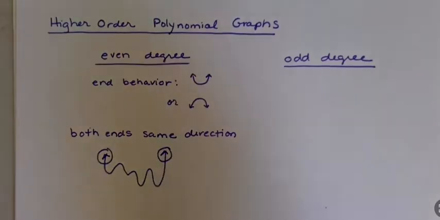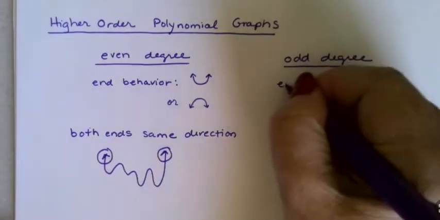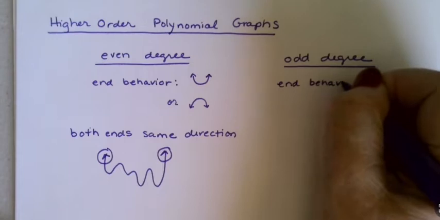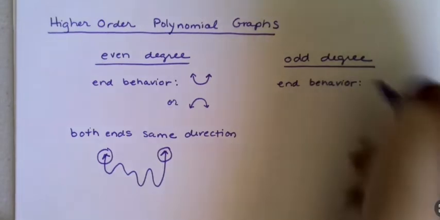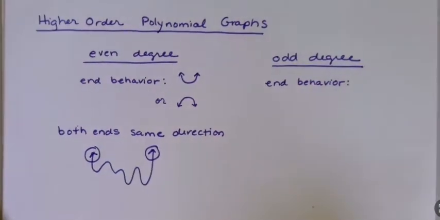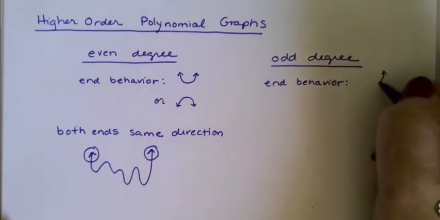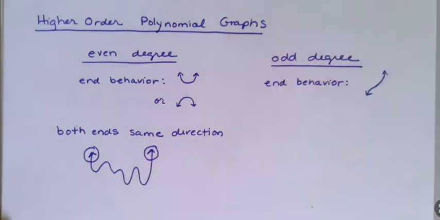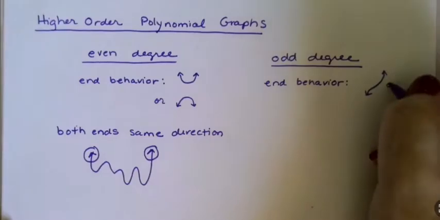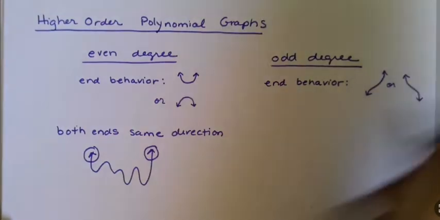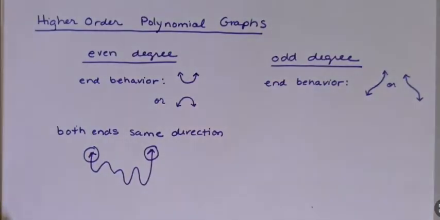Odd degree polynomials, our end behavior was like those wave functions. So like that, or possibly if it was reflected, like this. But either way, the ends go in the opposite directions. One goes up and one goes down.